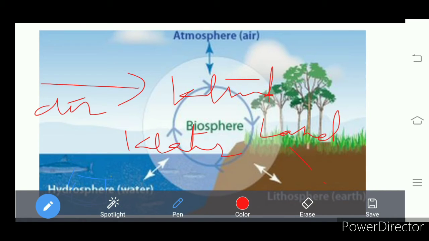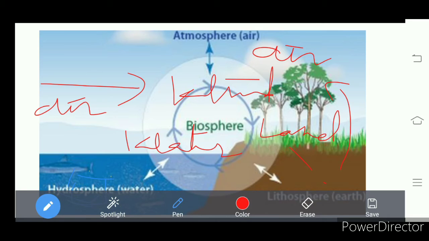So when lithosphere, that means land, simply we can call it land, is heated by the sun rays or cools down, then the air and water on the land are also influenced. When the land is heated, the air present on the land heats up.